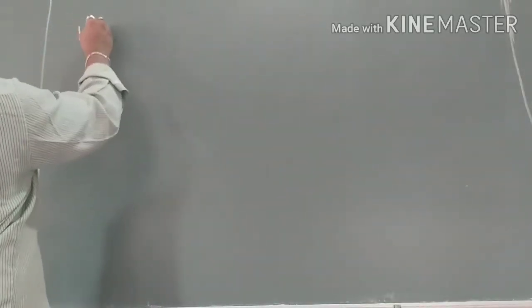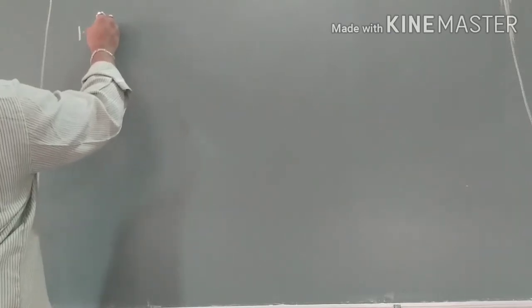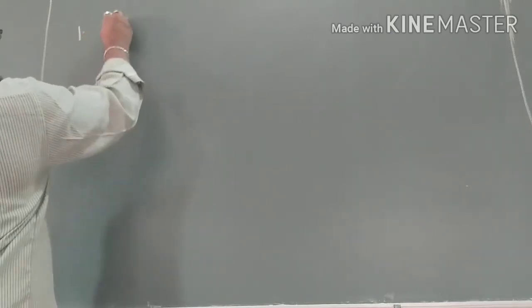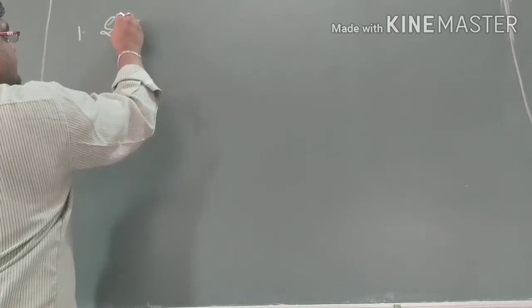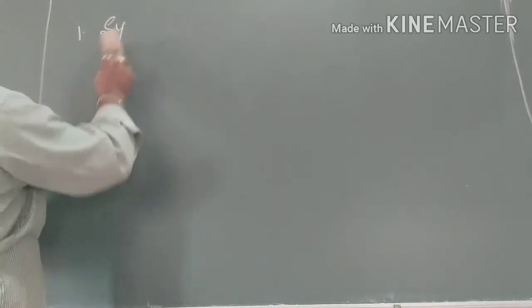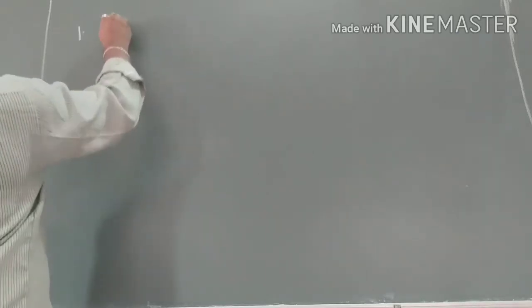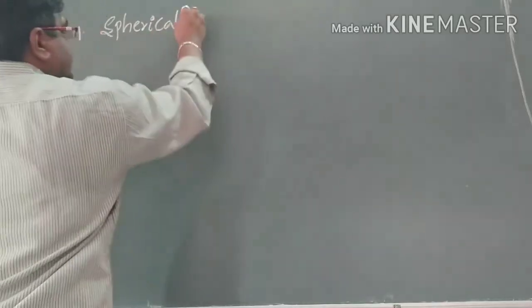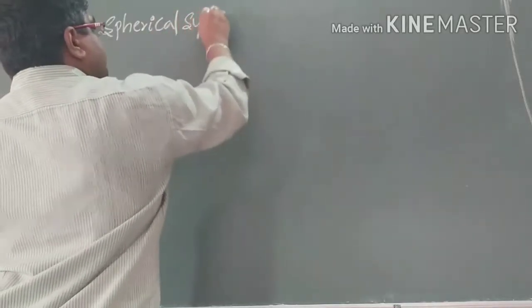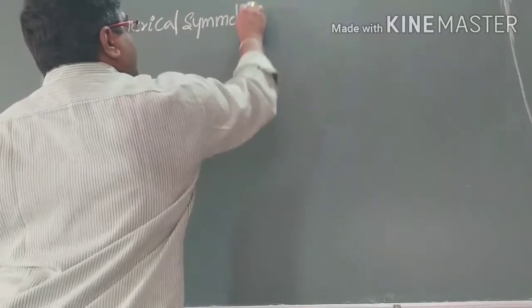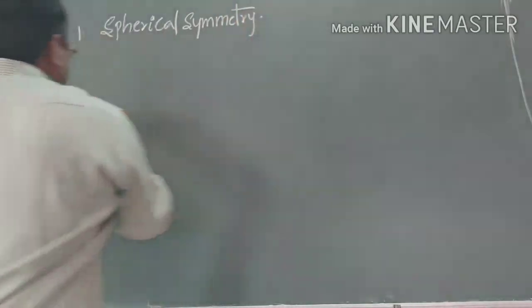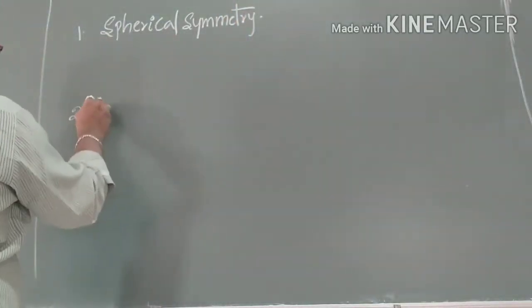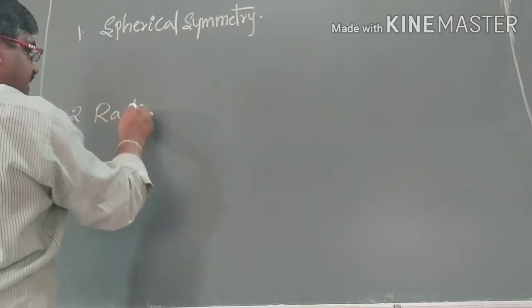The first one is universal symmetry, that is spherical symmetry. And the second one is radial symmetry.